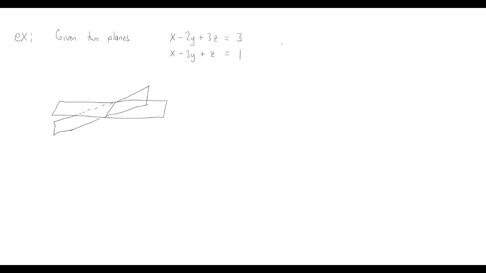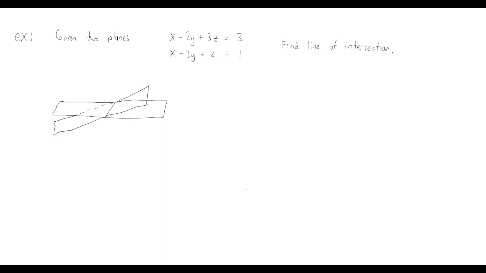So what we want to do is find the line of intersection between these two planes. And to find the line of intersection, that means we want to find at least a parameterization of it, or a set of parametric equations, or a set of symmetric equations. So we'll probably just get the parameterization of it. Alright?